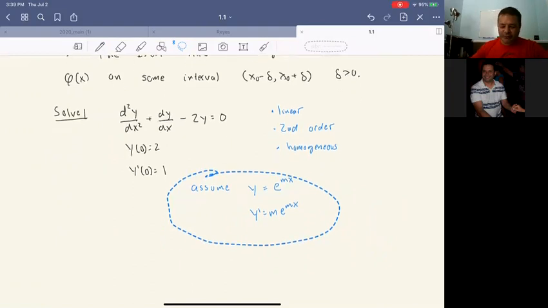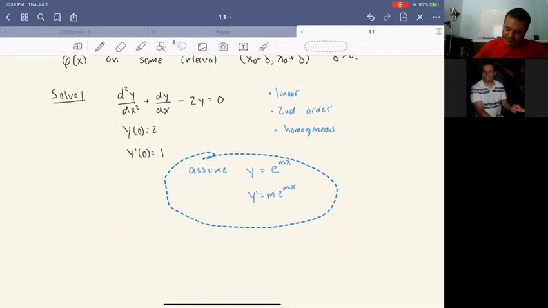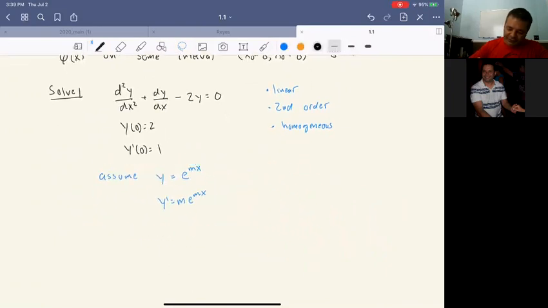So let's go ahead and finish solving this. We assumed y equals e to the mx. y prime is then m e to the mx. So y double prime is m squared e to the mx.